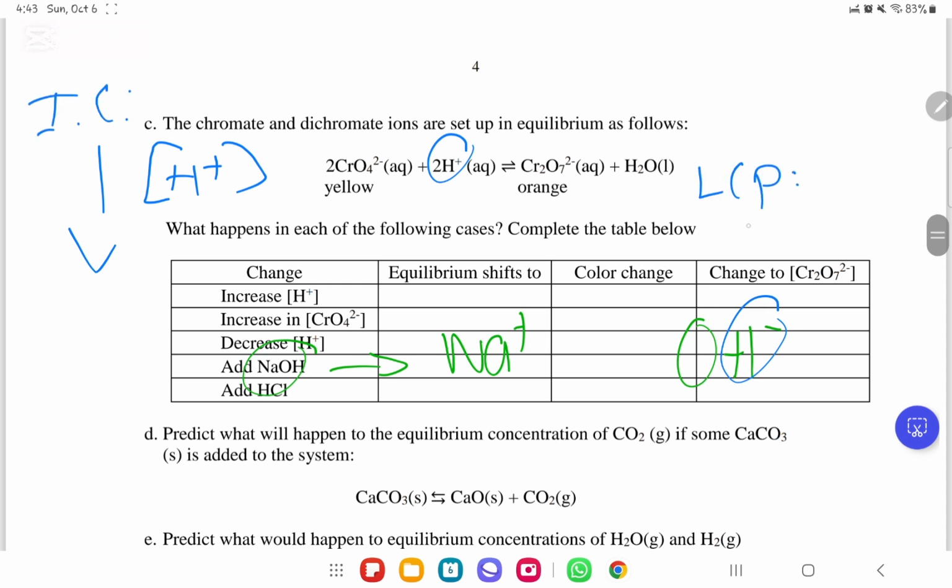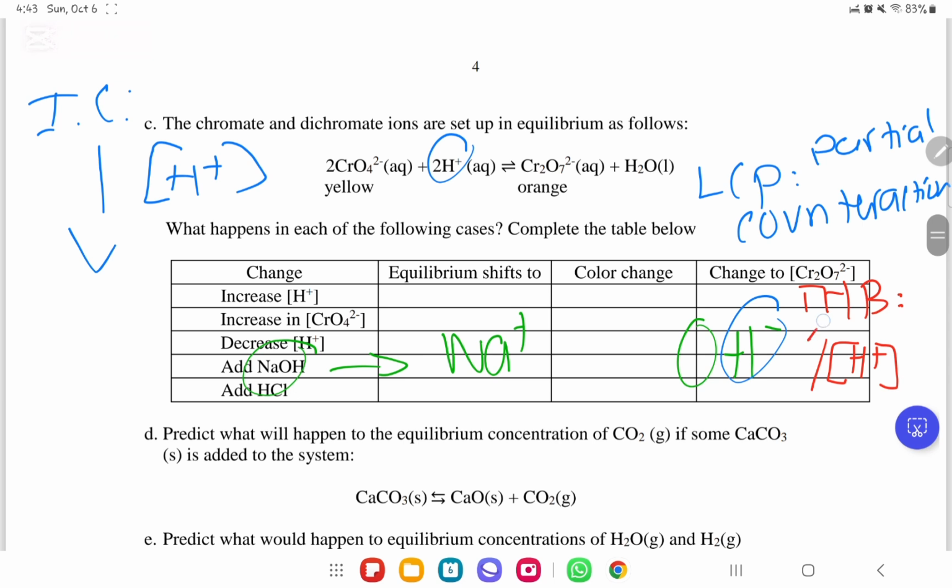According to Le Chatelier's principle, a partial counteraction will happen, and that would be to increase. So this happens by increasing the concentration of H+. As a result, the concentration of Cr2O7 2- decreases.